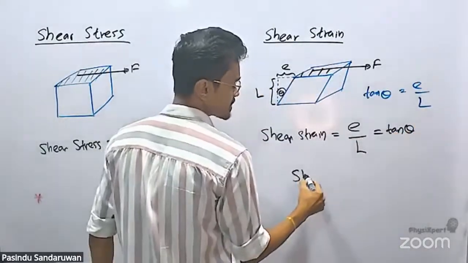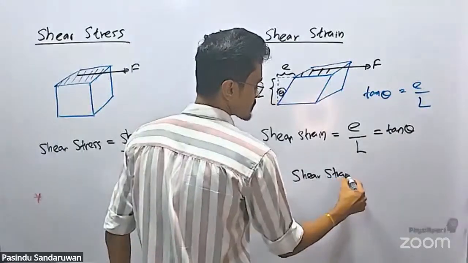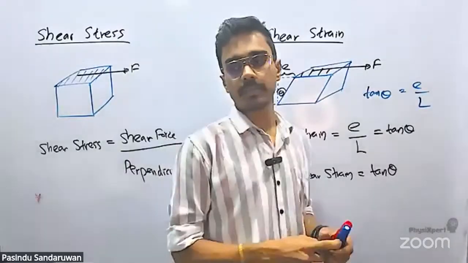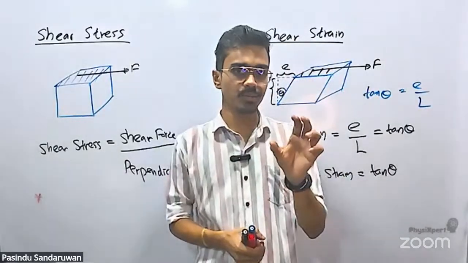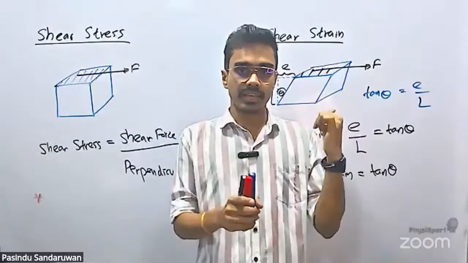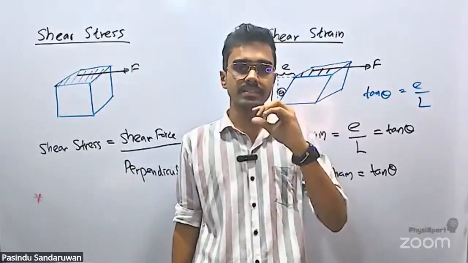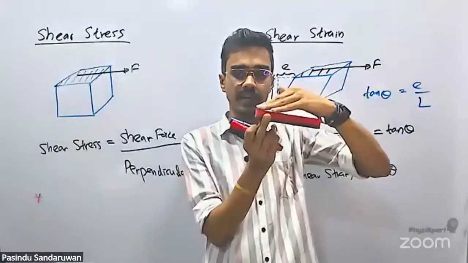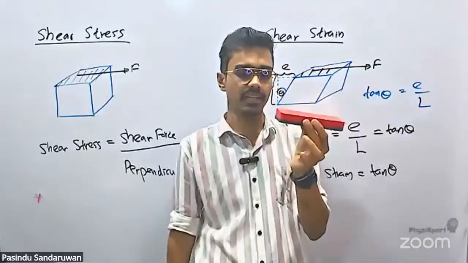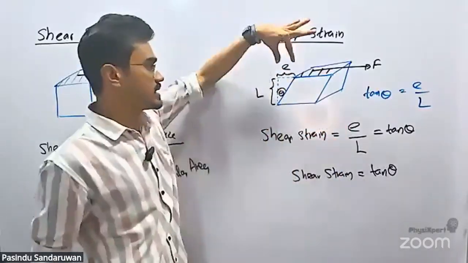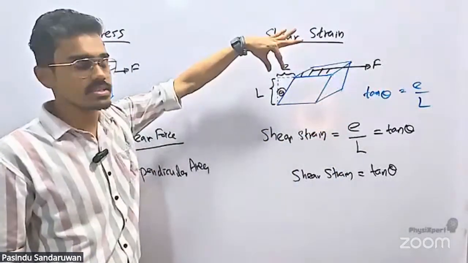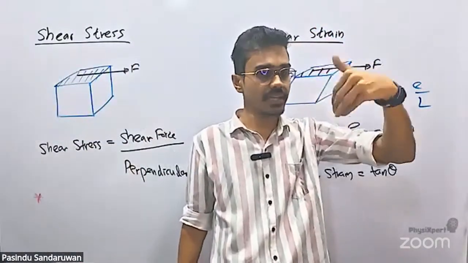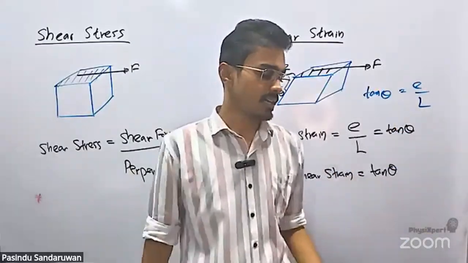So shear strain is defined as tan theta, because it is not practical to measure e and L here, but measuring the angle is very much practical. We can measure the angle, but can we measure this length practically? No. Instead of that, we are using the angle.